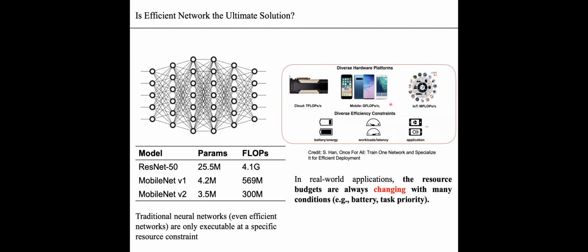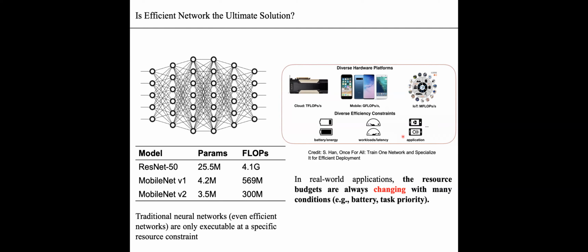Even if we only consider a single hardware platform, like an iPhone, maybe iPhone 10, the computational resource is also dynamic on that platform. It can be affected by the battery: you may have a full battery, or a very low battery, 10% or even lower. It is also affected by the workloads.